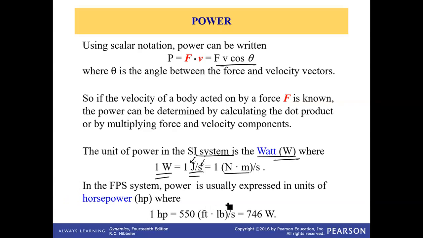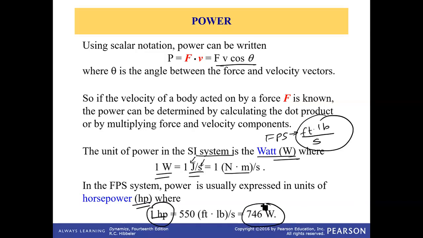For the FPS system, the unit of power is foot-pound per second. Apart from these units, there is another unit, horsepower, which is also common. It's neither an SI unit nor an FPS unit, but we can convert horsepower into SI units by multiplying by 746.